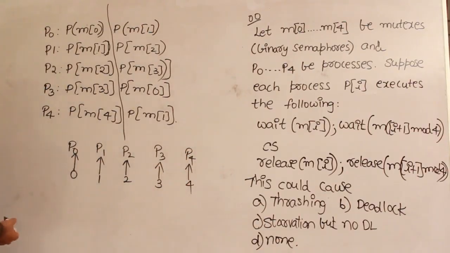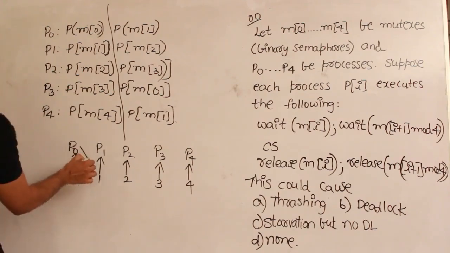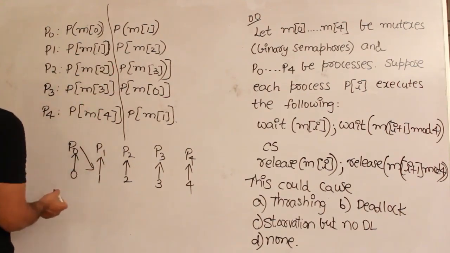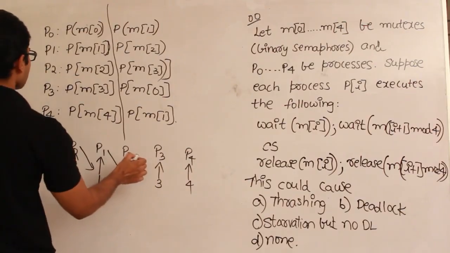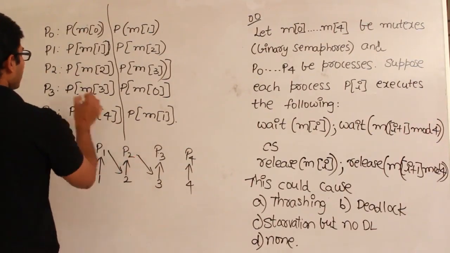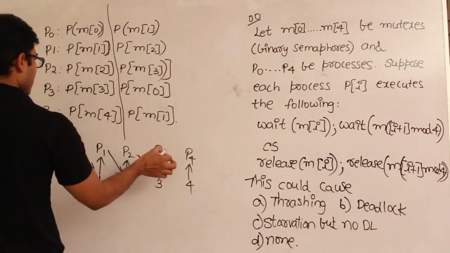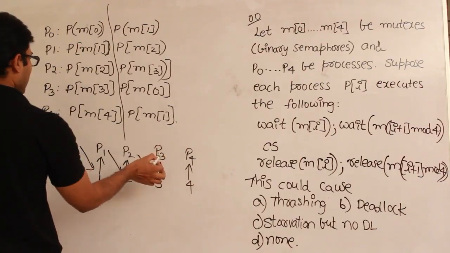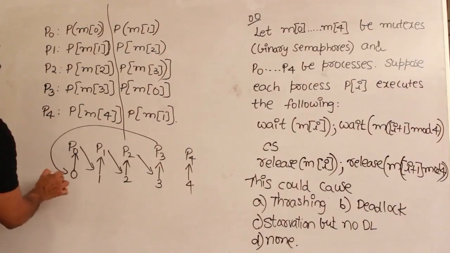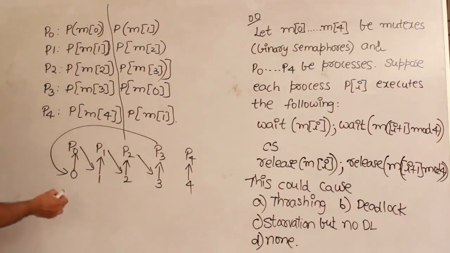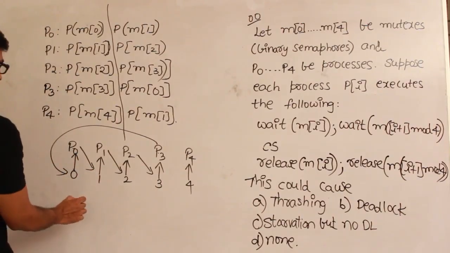After that, watch it. Now P0 is waiting for 1, and P1 is waiting for 2, and P2 is waiting for 3, and P4 is waiting for 0. Wait, P3 is waiting for 0, which means like this. Therefore at least here there is a cycle, and the cycle is like this.